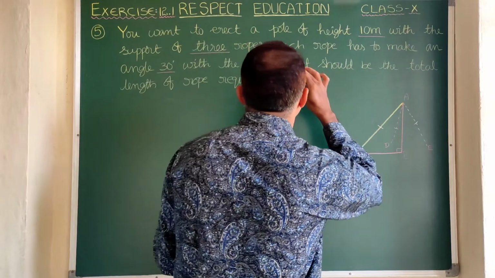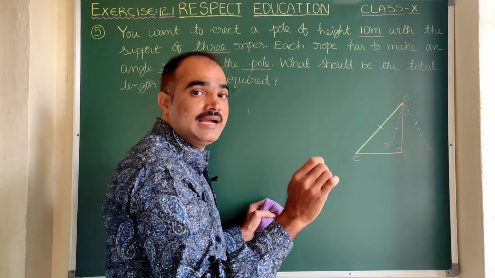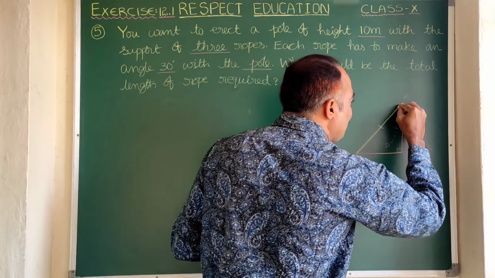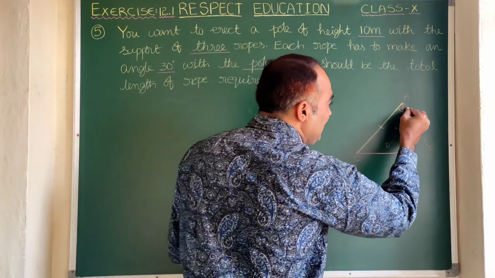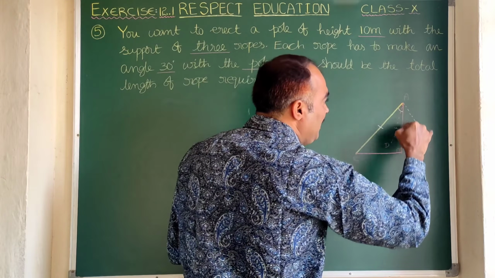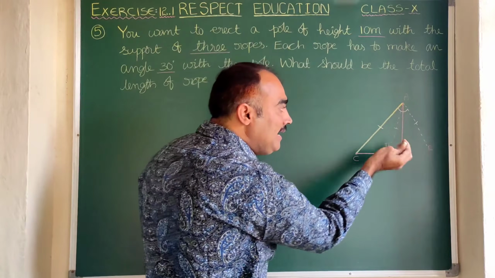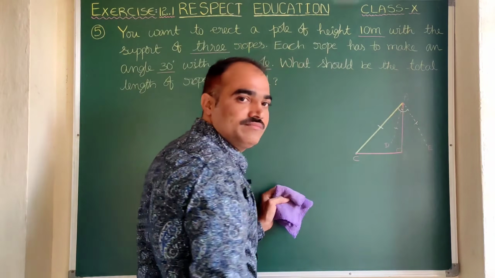Because, according to the given question, each rope is making a 30 degrees angle with the pole. So the angle between this pole and the first rope is 30 degrees. In the same way, the angle BAE is also 30 degrees. And BAD, which is behind the pole, is also 30 degrees.